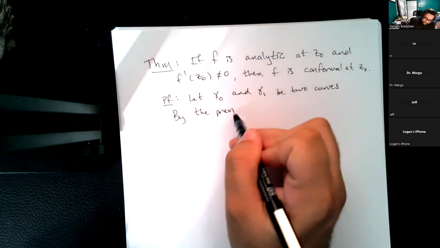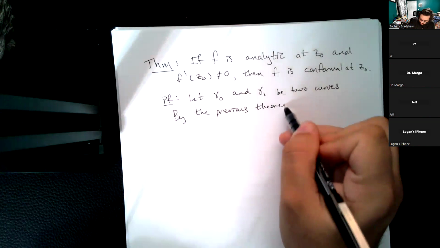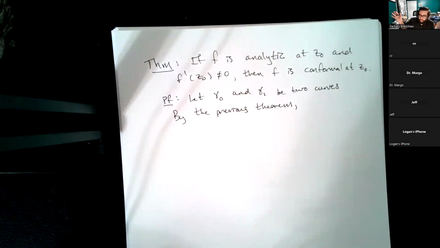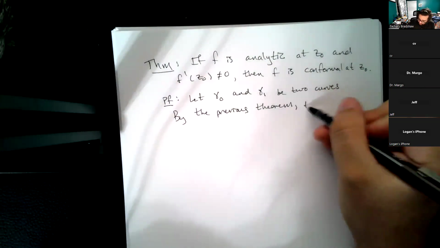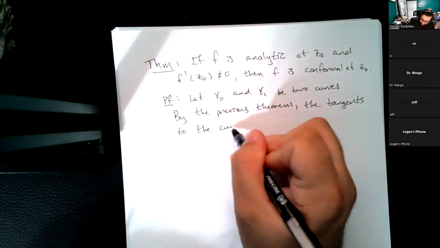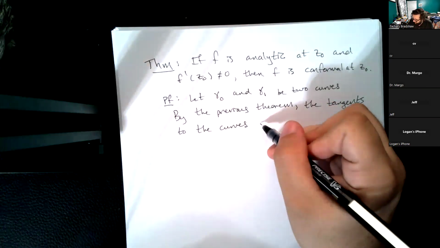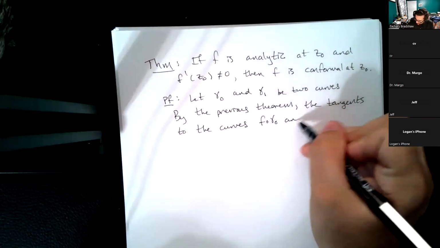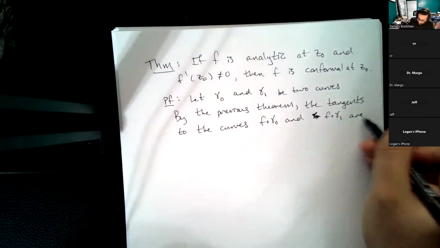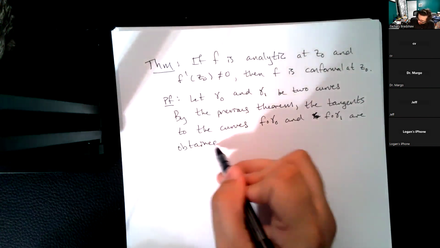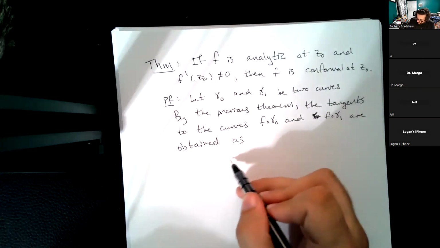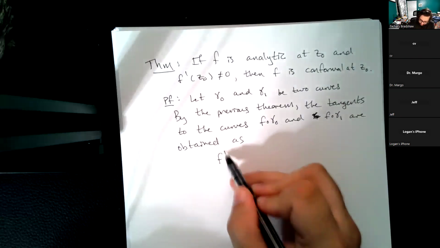By the previous theorem, so this is the theorem on the chain rule essentially, the tangents to the curves f of gamma 0 and f of gamma 1 are obtained by multiplying, well, let me just write it out.